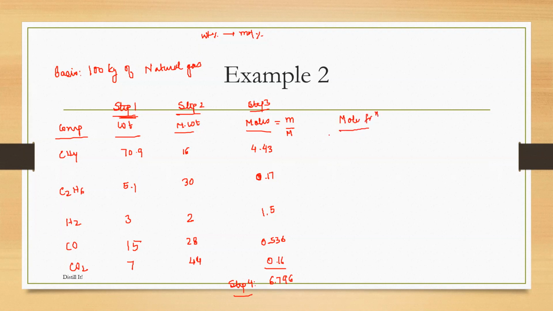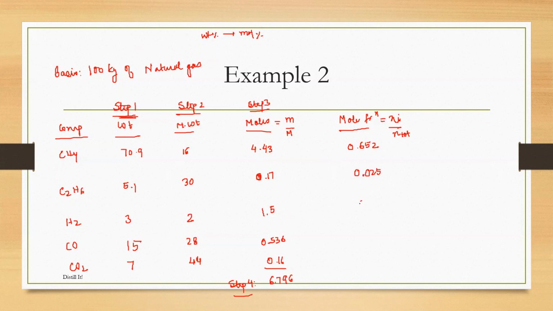All right. Then we have to calculate the mole fraction. So mole fraction is nothing but individual moles upon total moles, right? So individual moles 4.43, total moles 6.796. So 4.43 upon 6.796, that is 0.652. All right. Similarly, 0.17 by 6.796, that is going to be 0.025.